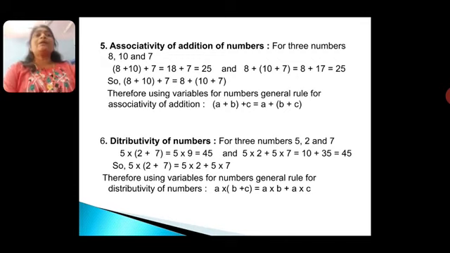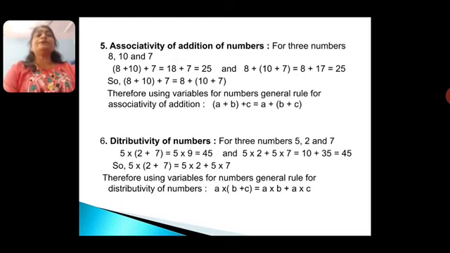So (8 plus 10) plus 7 equals 8 plus (10 plus 7). Therefore, using variables for numbers, the general rule for associativity of addition is (a plus b) plus c equals a plus (b plus c).